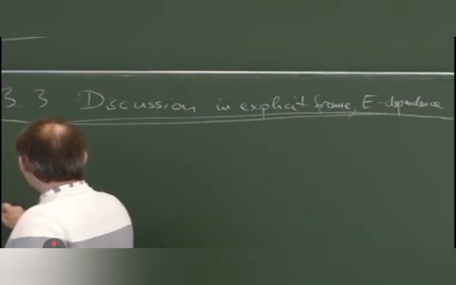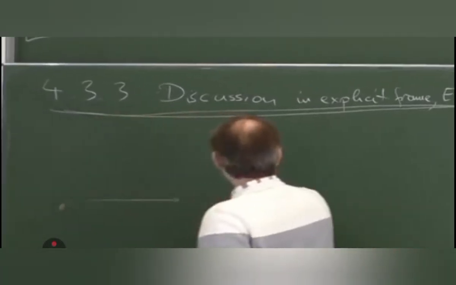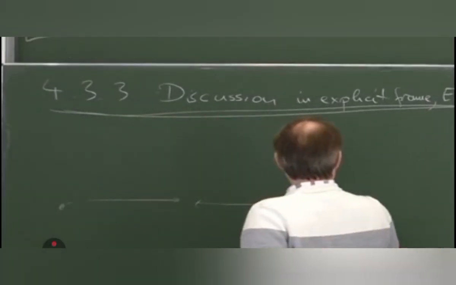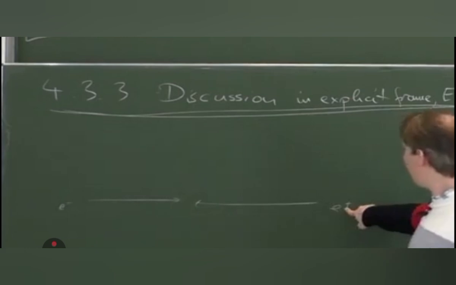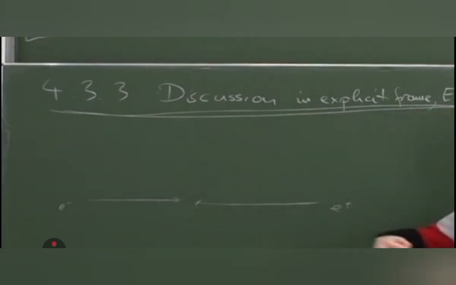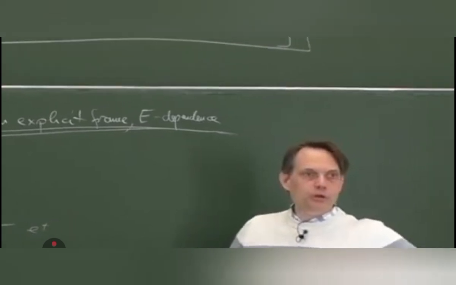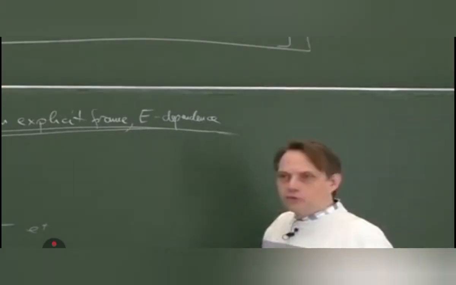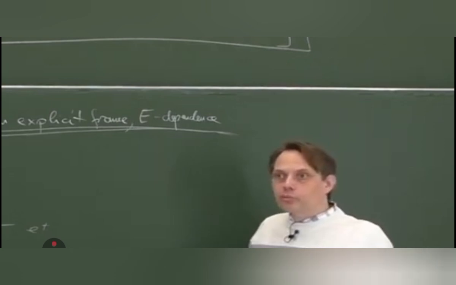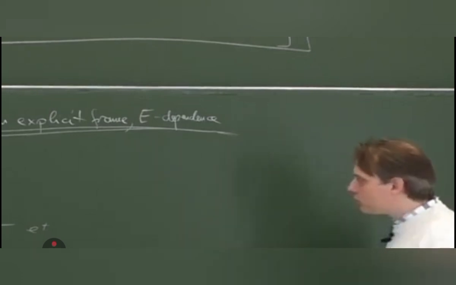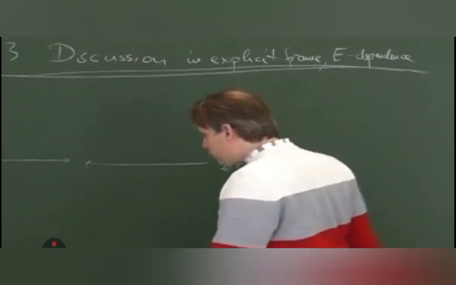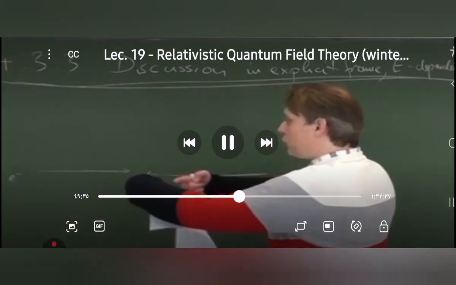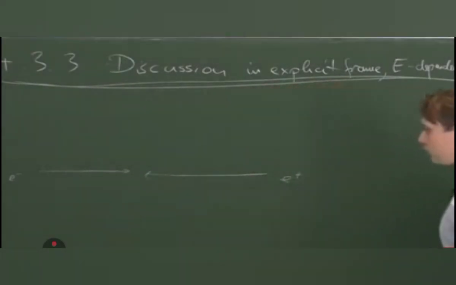So we draw a picture. The actual physics situation looks like this. You have a collision of two beams of particles, e+, e-, and we look at the collision in the center of mass frame, which is typical also for collider experiments like LHC or similar e+ e- collider experiments, where the center of mass system is identical to the laboratory system.